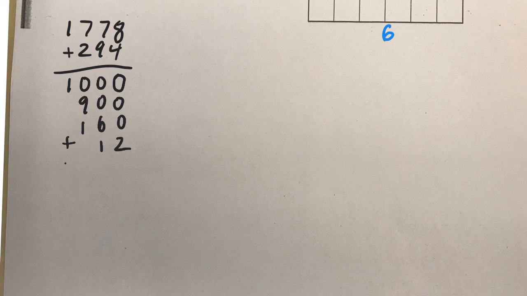And you see everything is neatly lined up, and then we can simply do the rest there, and the answer is 2,072. And the other one, you can do the same thing, partial sums method.